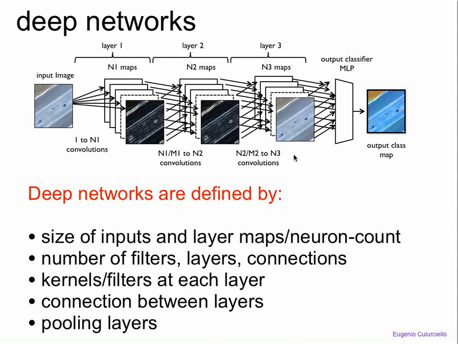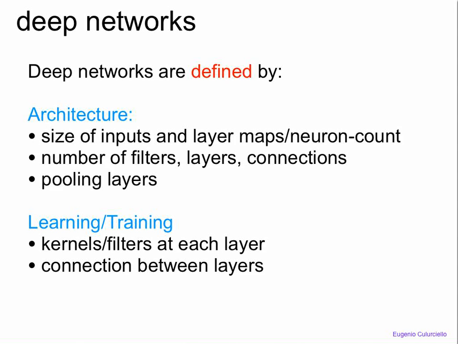Going back to the slides, this is the architecture: a graphical representation of how many filters I use and how many layers I use. Once I decide all of this, then you usually go into what nowadays is basically learning and training. So you train kernels and filters at each layer. You also train the connections between the layers.